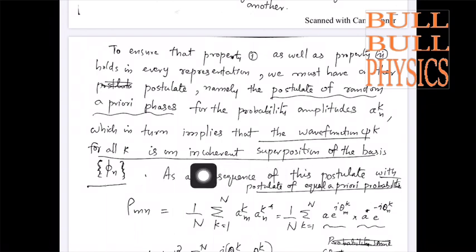They are incoherent because some phase will be attached to the probability amplitudes, and they will not be in phase. They will actually be in random phase. The probability amplitude will contain a phase factor as well, and it will be random for the different coefficients.